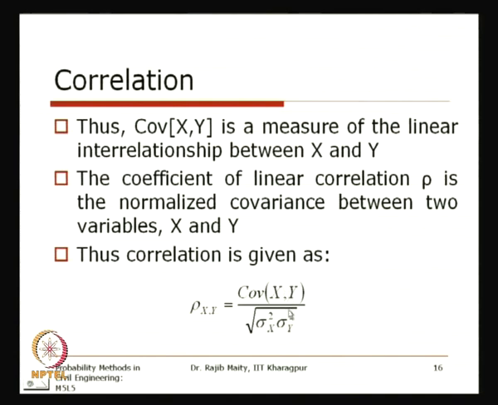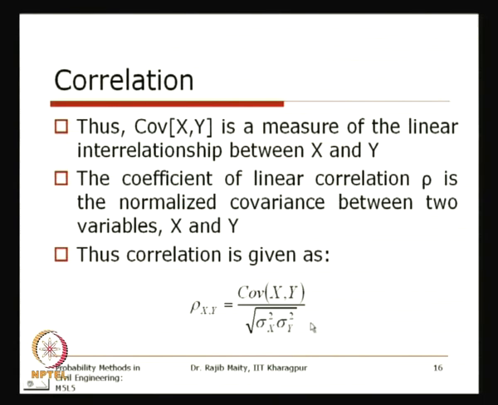If this is the maximum limit, then this total quantity can go up to a maximum of plus 1. Obviously, we have to take the square root of this total term, so that we can also show that the limit of this quantity is from minus 1 to plus 1.